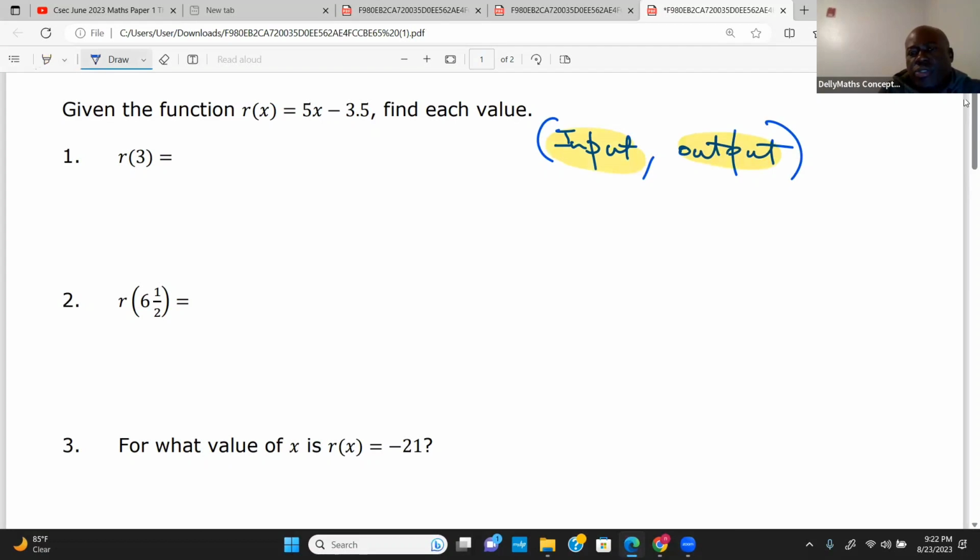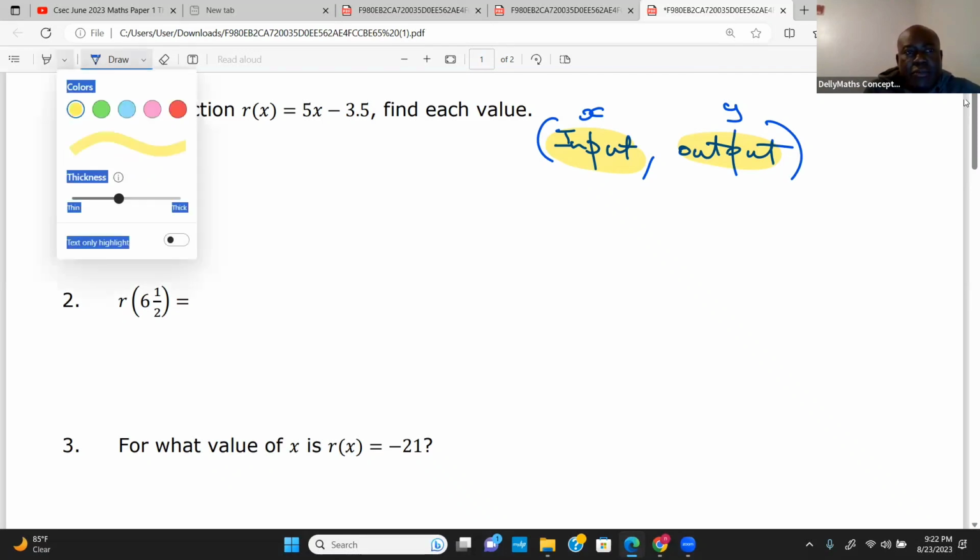Generally speaking, on the coordinate plane our input is normally an x value, and our output is the y value. So depending on the situation, we're going to use inputs to find outputs and use outputs to find inputs. For example, in this case here, right?